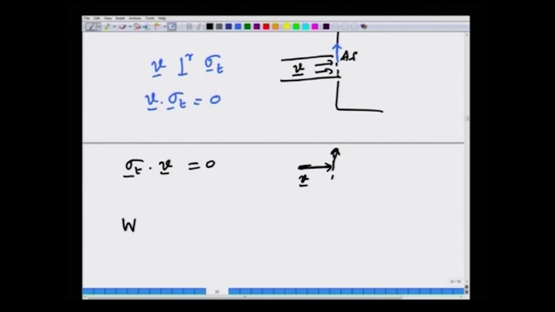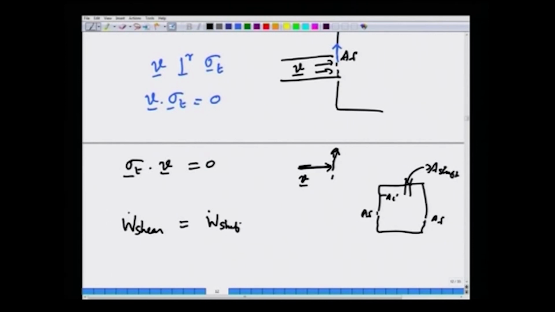For the shear component of the work, there are three types of areas that we said. One is the internal area, the flow area through which fluid is entering and exiting, and the shaft area which is cutting across the control surface. So, there are three contributions to the shear work. One is due to the shaft work, which we have already separated out, so we do not have to include it.